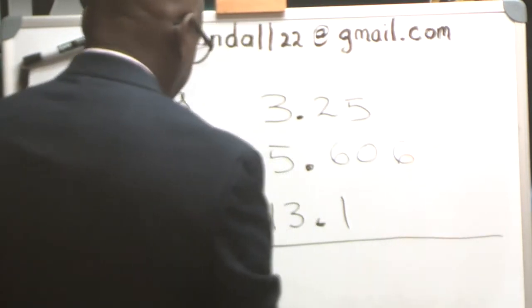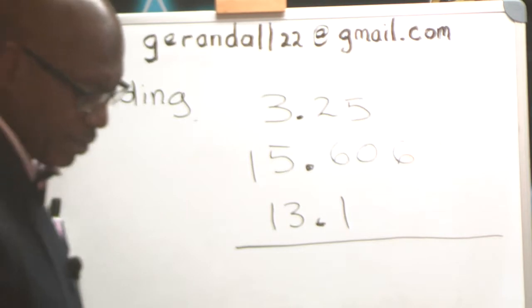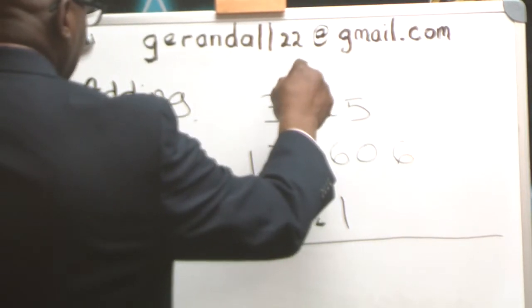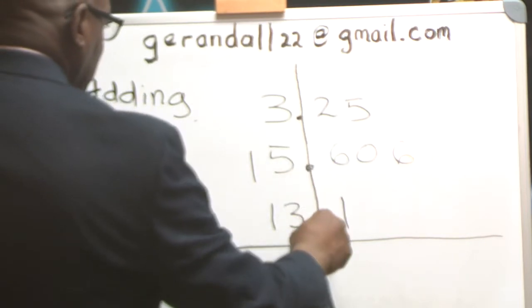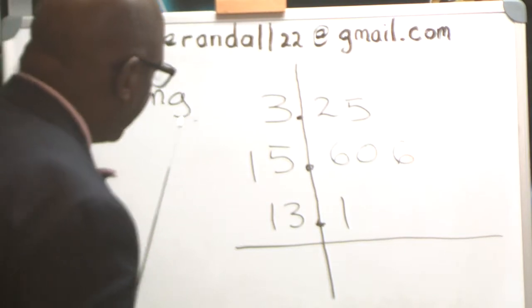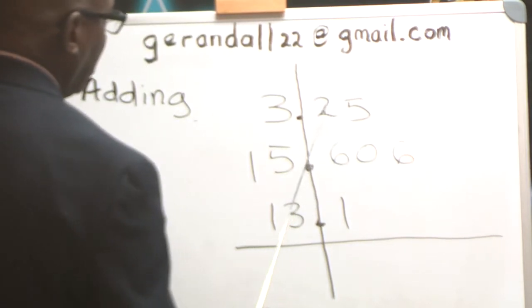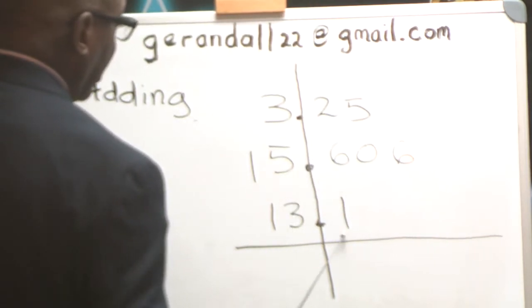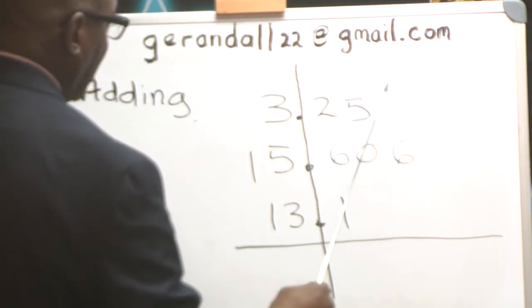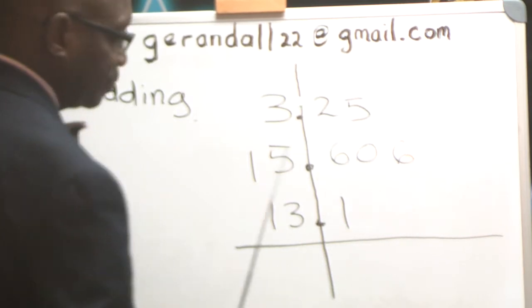Now, if you notice, what I've done is made sure that our decimal falls just like this. Then you have the tenths place value, the hundredths place value, and the thousandths place value.